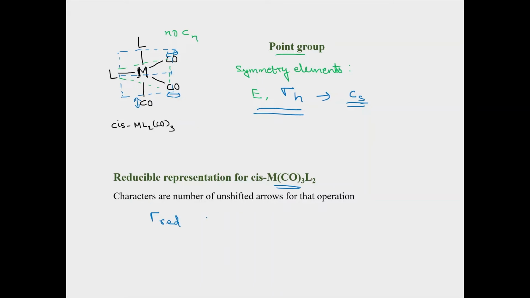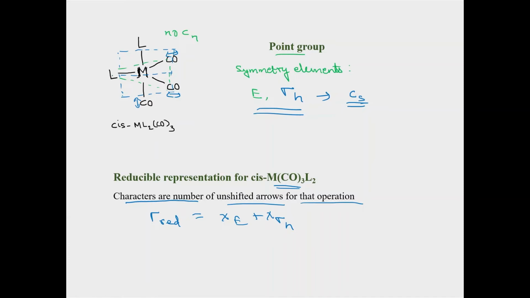This reducible representation is denoted by the character of E and the character of sigma h. And how do we find the characters? Characters are the number of unshifted arrows for that operation.